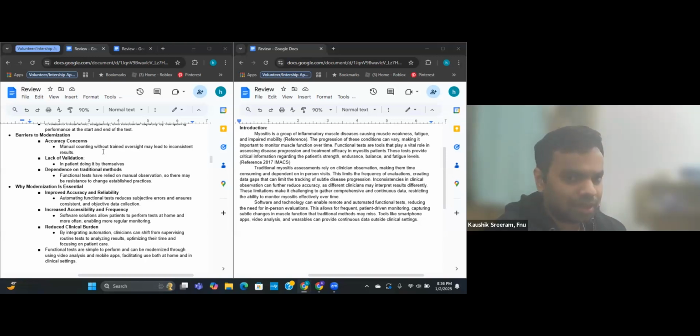And the story we are trying to narrate is, hey, why should you use software like video capture software in myositis patient monitoring? That's it. And even for the tests, there are many tests that can be done for function in myositis, but we have chosen only the tests that the IMACS has recommended as core set measures.